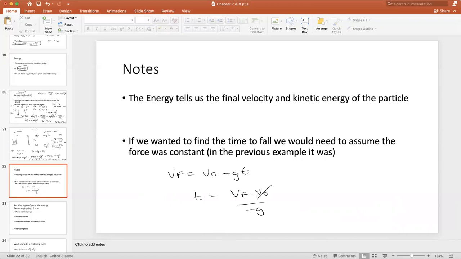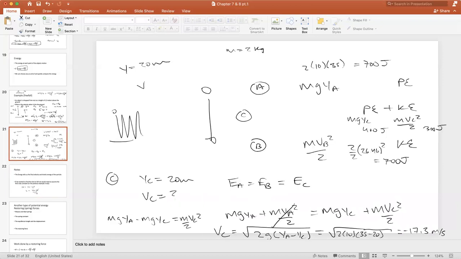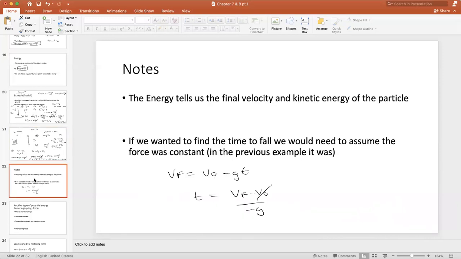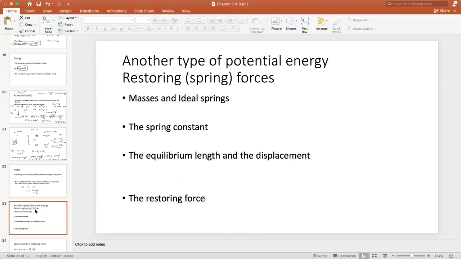Remember, our final velocity will be negative, divided by 10. The time would be 1.73 seconds for C. The time for B would be 2.65 seconds, right? Pretty simple, if you wanted it. We usually don't care about time with energy, though. It just doesn't matter.